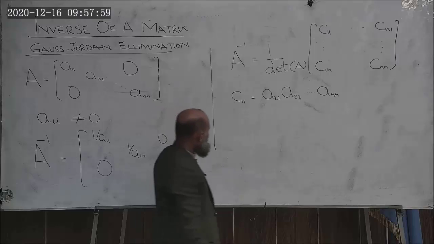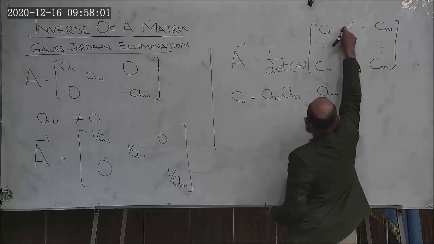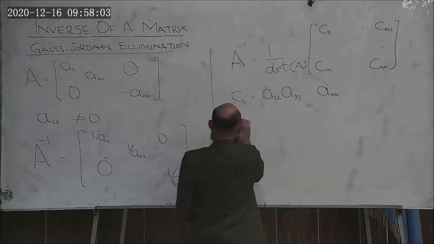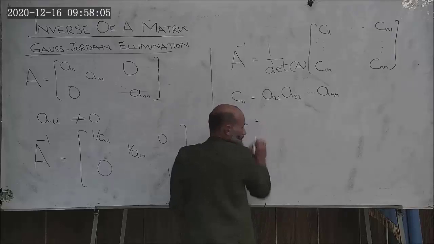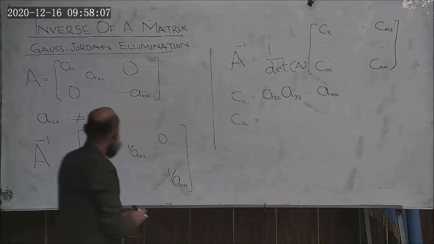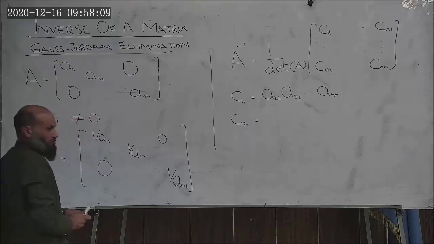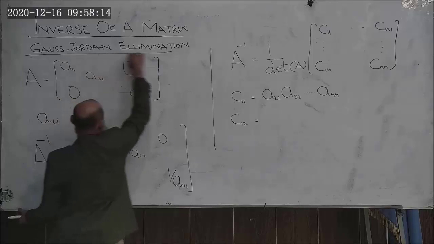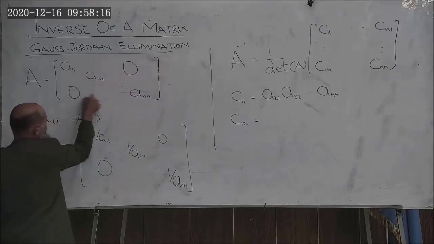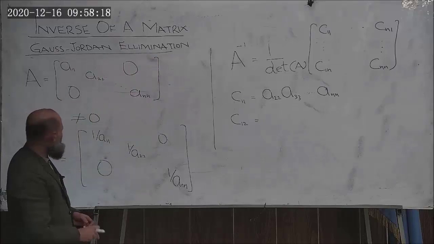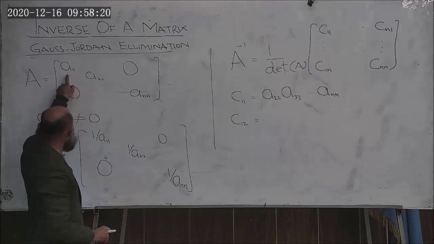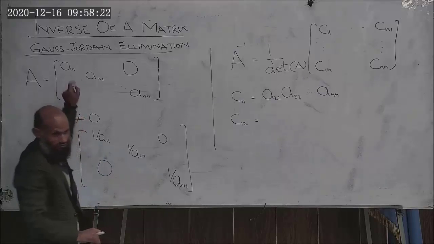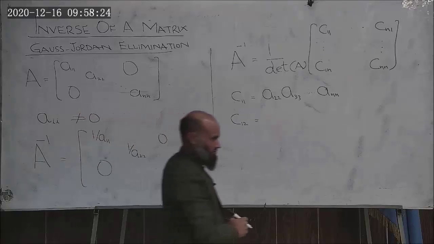And what are these things? For example, C12. C12, how do we obtain? So C12 is obtained by omitting first row and second column. If we omit first row and second column, here there will be a 0, right?